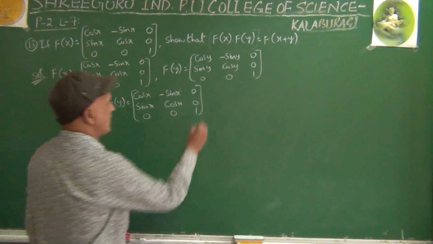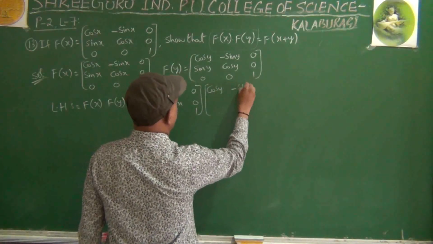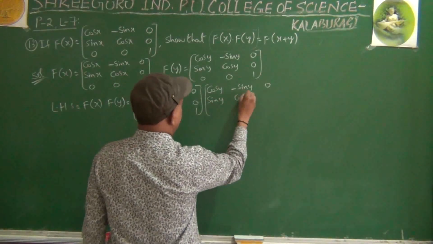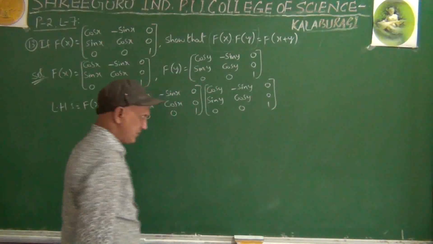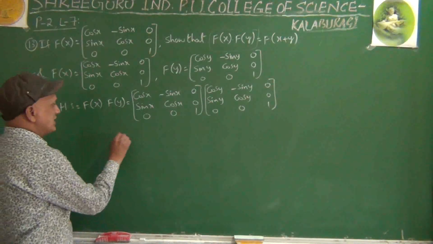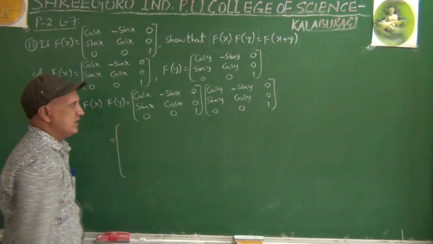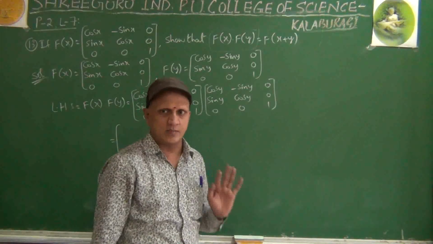This is f of x. f of y is cos y, minus sin y, 0, sin y, cos y, 0, 0, 0, 1. Okay. Simple multiplication. Simplification is big, but multiplication is simple.